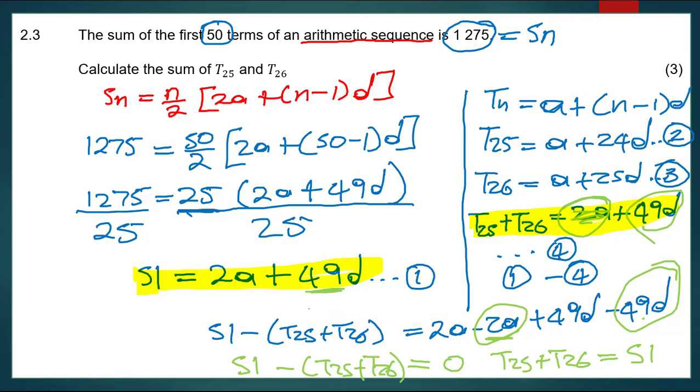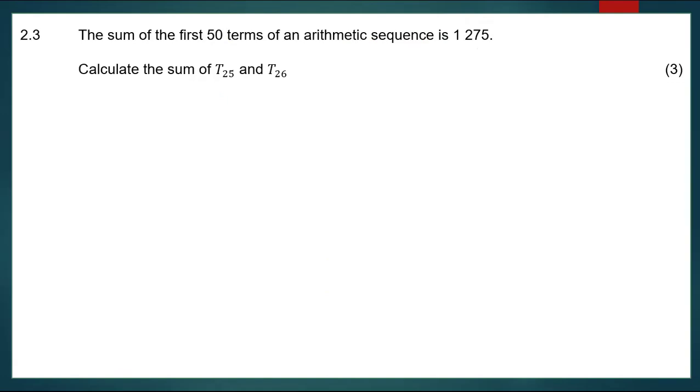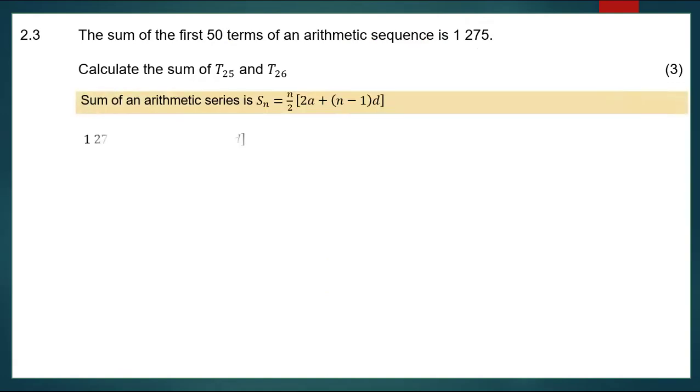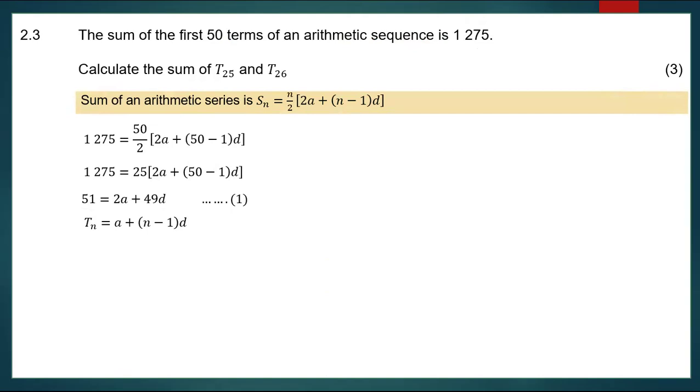Just to put it in print, this is what we will have. We simply used the sum formula, divided by 25 on both sides, and that's what we got, and we said this was equation number 1. For equation number 2, we have Tn equals a plus n minus 1 times d.